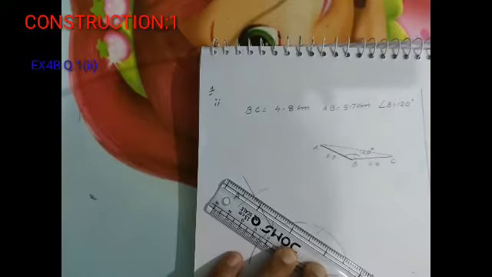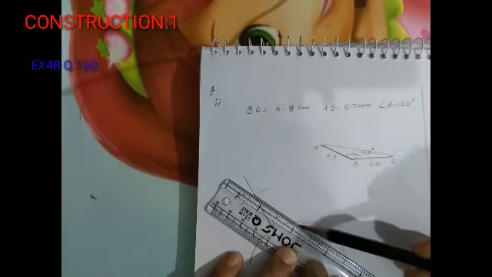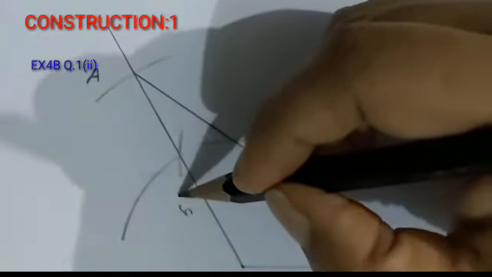This point is A. Step 4, join A to C. Hence, ABC is the required triangle in which BC equals 4.8 centimeter, AB equals 5.7 centimeter, and this angle is of 120 degree.